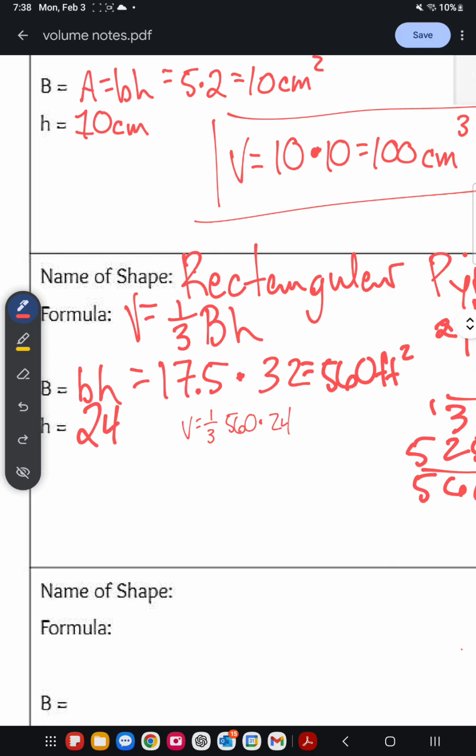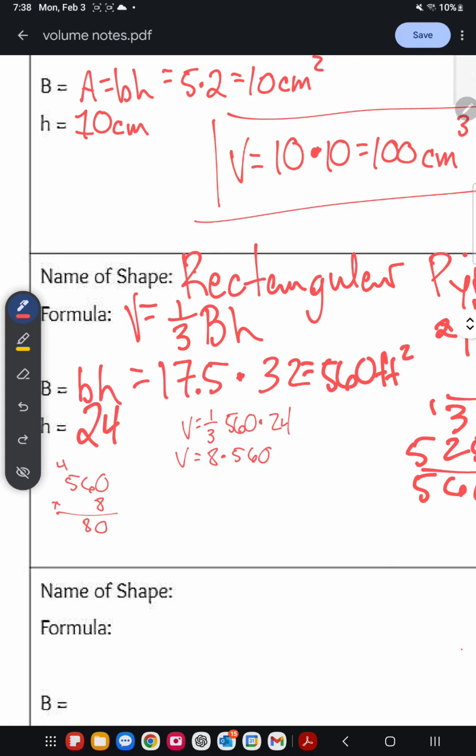So I'm going to do 1/3 times 24 first. 24 divided by 3 is 8 times 560. 560 times 8. 8 times 6 is 48.